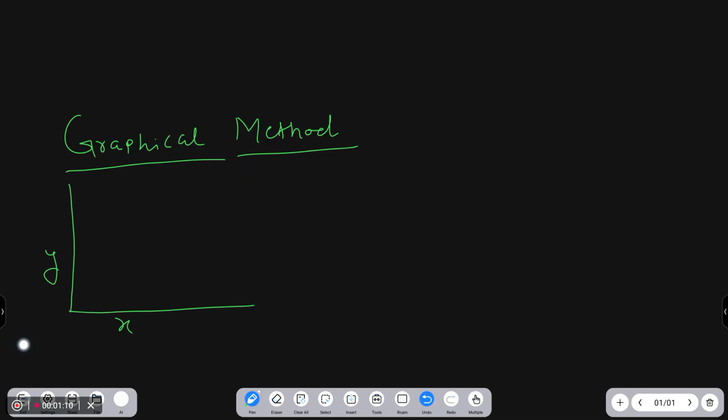The graphical method is more efficient when there are only two decision variables in your LPP problem.